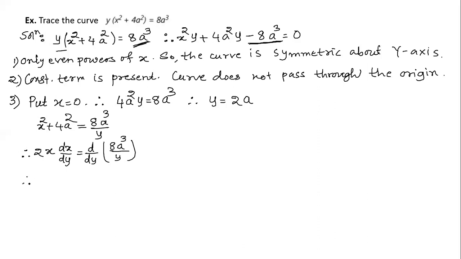Therefore dx by dy is equal to 1 upon 2x into d by dy of 8a cube upon y, and therefore dx by dy at the point, what is that point?